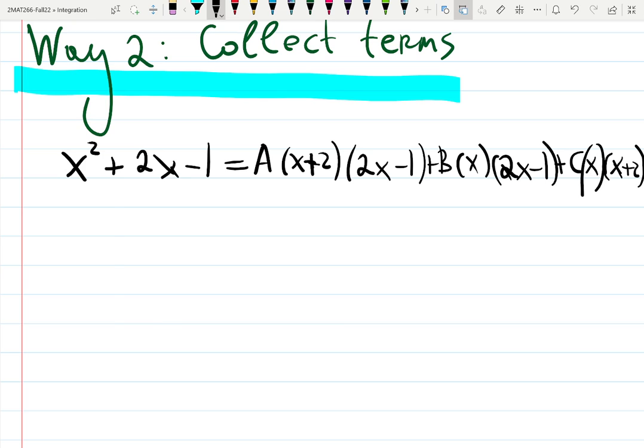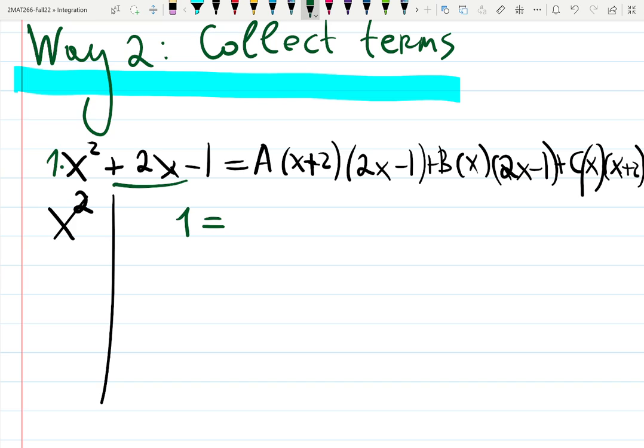So collecting the terms, the idea is we're going to collect the coefficients that are standing in front of x squared right now. I will only write down coefficients attached to x squared on the left-hand side. On the left-hand side is just this 1. So 1 equals.